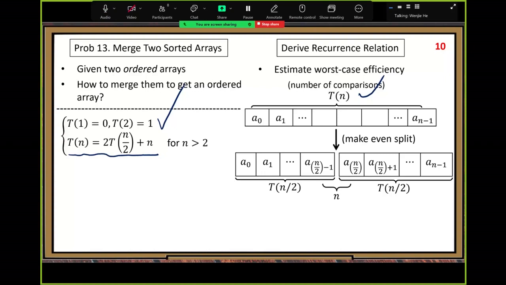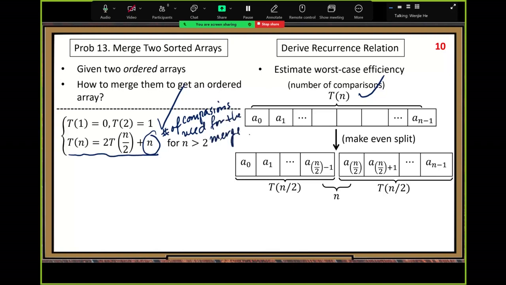Merge. When you do extra work, you need to add further comparisons. Let me write: number of comparisons used for the merge step.